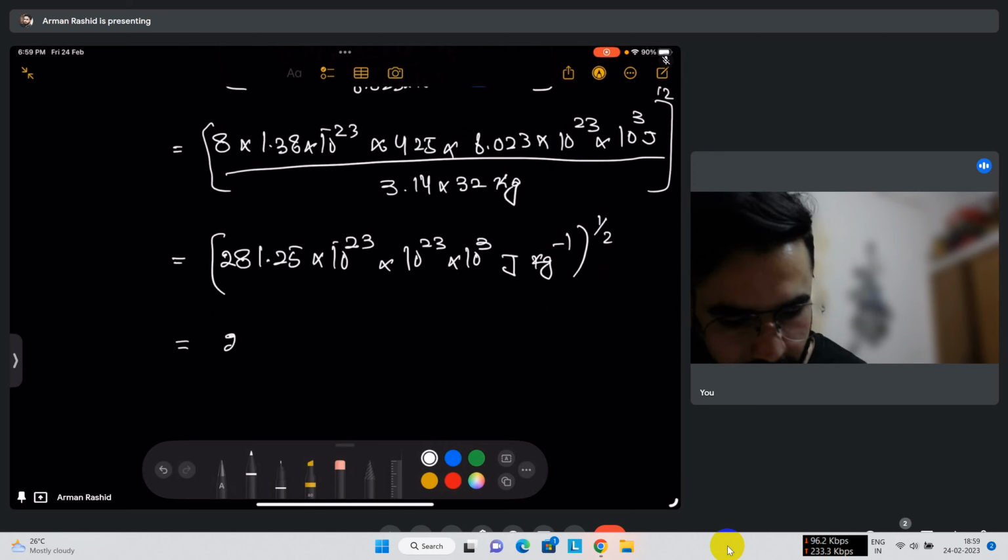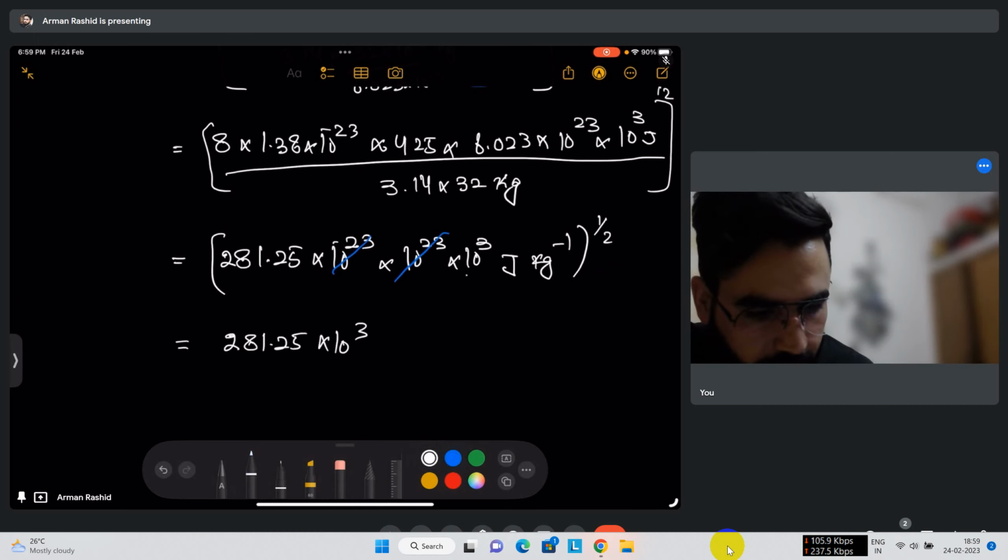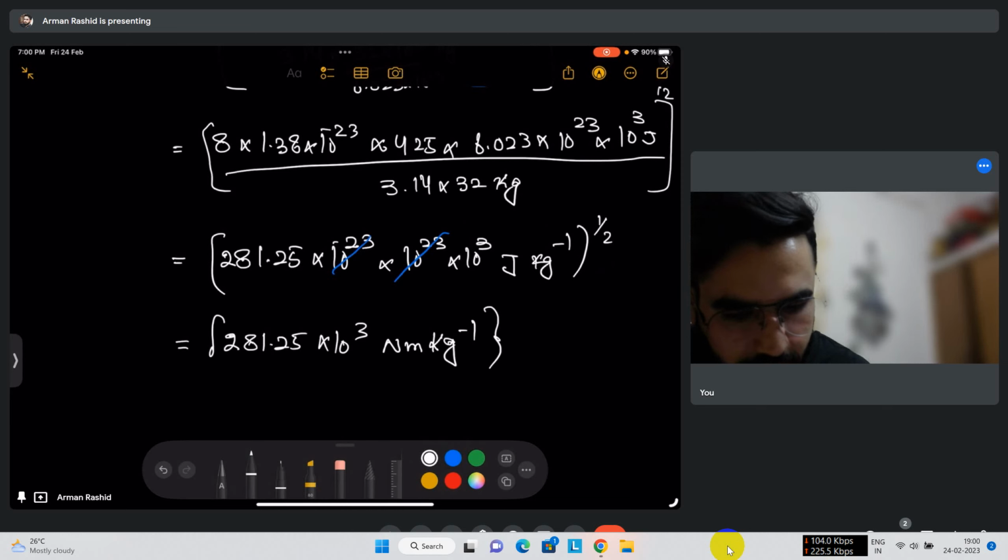Now what we have is 281.25 times 10 to the power 3. Then we have this joule, we can convert it into Newton meter, 1 joule is 1 Newton meter, per kg, to the power 1 by 2.